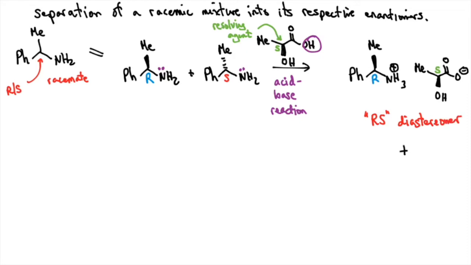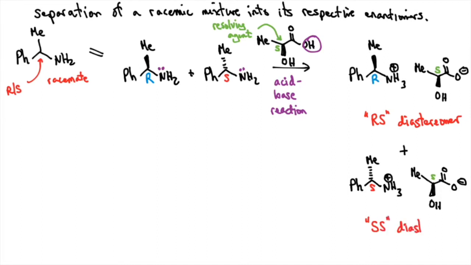But what we also have is the SS diastereomer. So the SS diastereomer will be the other chirality at that center. So this is now the S. And again, we have the same counter ion, this chiral alcohol, which was our resolving agent. So again, this is the SS diastereomer.